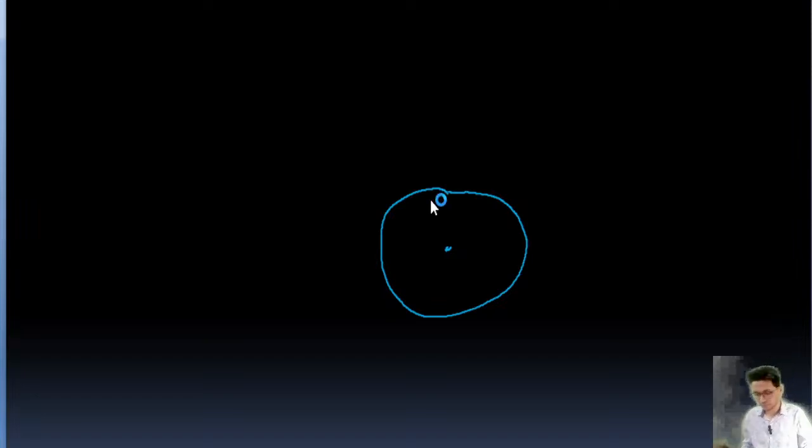So this is the earth surface, and the radius of earth is R. It is not looking circular, right?